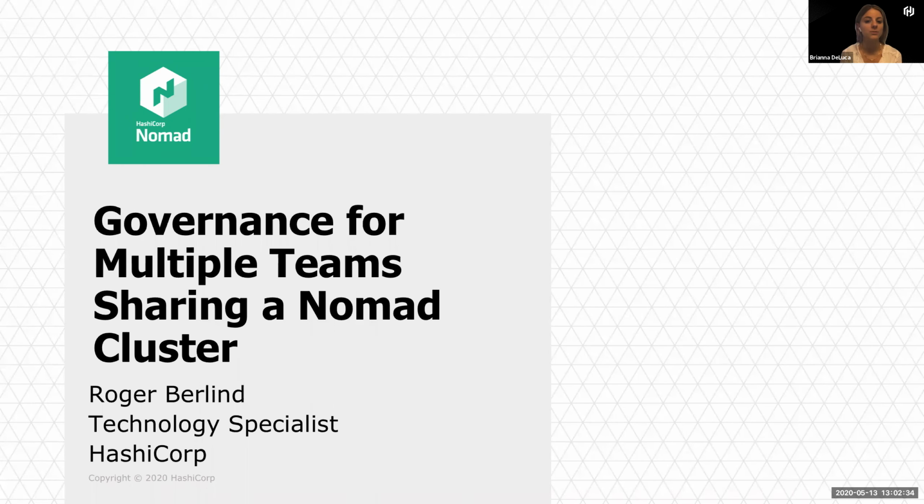These features allow multiple teams to share a Nomad cluster while ensuring that no team hogs the cluster's resources and that mission-critical production jobs will be allowed to run even if non-production teams schedule more jobs than expected. During this SE Hangout, Roger will demonstrate how to apply governance and policy for multiple teams sharing a Nomad cluster with a hands-on Instruct track.